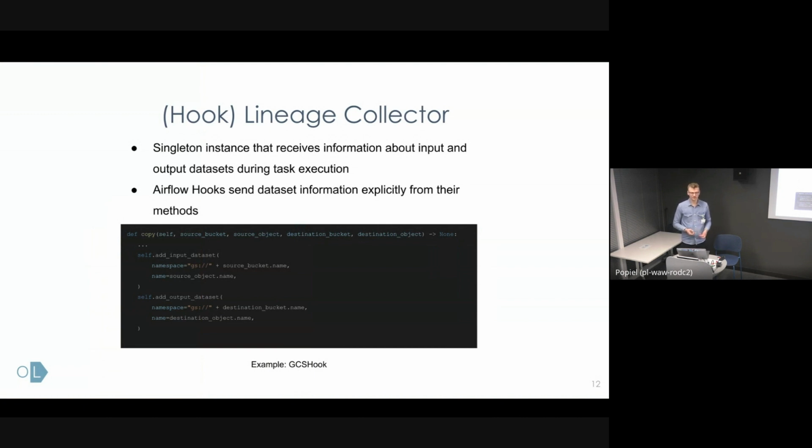Then without using some other operator that makes use of this copy method, PythonOperator would use it instead, and we would have this lineage information sent and emitted to OpenLineage.